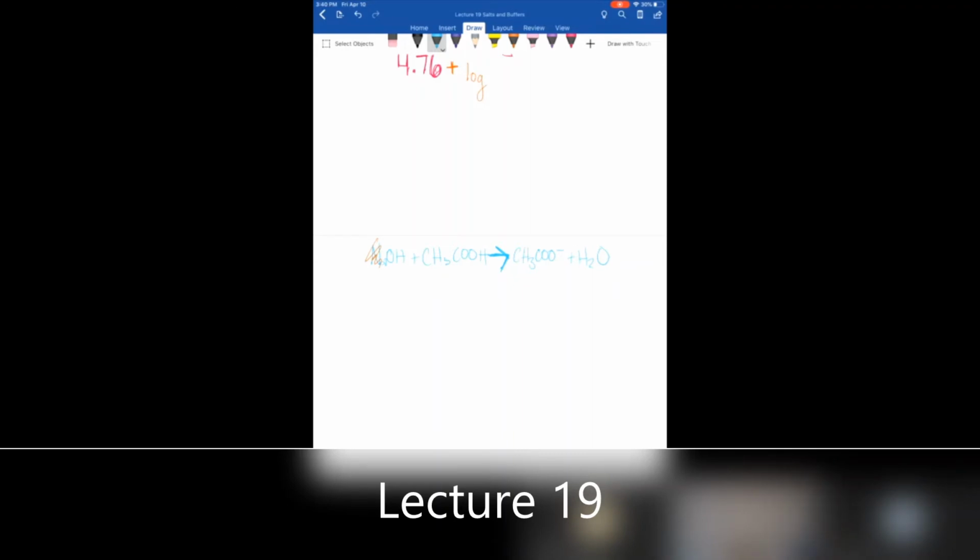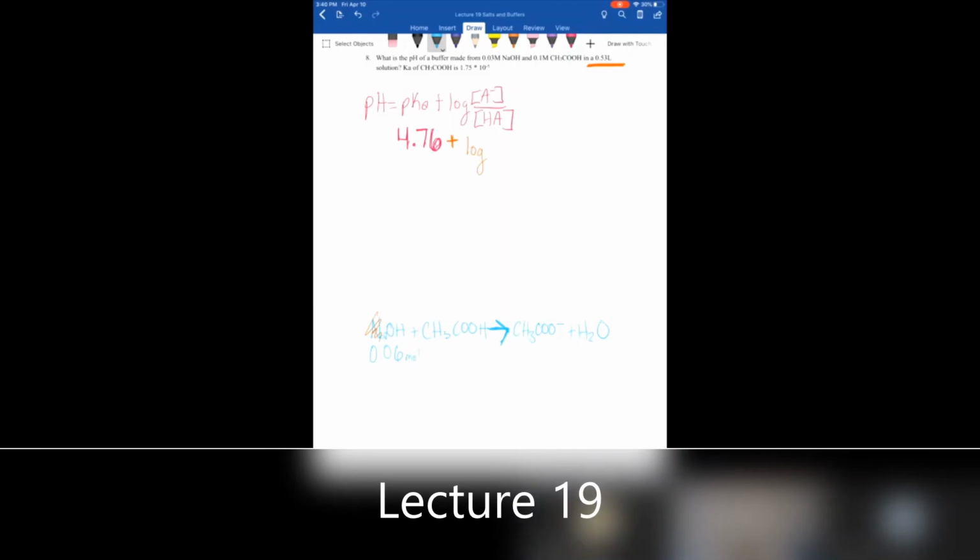So we're going to use our liters that I said we wouldn't use. 0.03 divided by 0.53 gives you 0.06, rounded, moles. And 0.1 divided by 0.53 gives 0.19 mole.